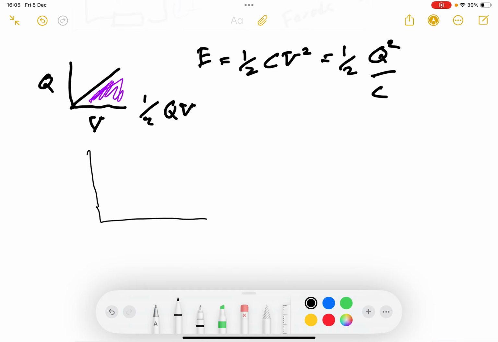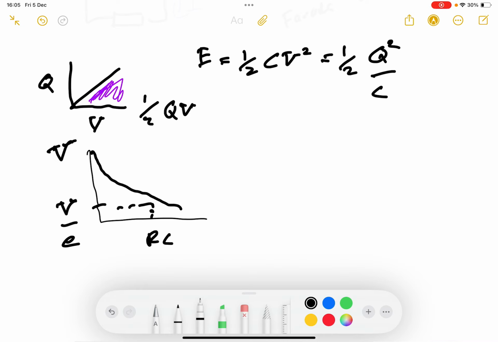And then we start getting into the thorny issue of capacitor discharge. We have this classic exponential shape. V goes to V over e in RC seconds, and that is called the time constant. So literally, if you multiply the resistance the capacitor is discharging through by the capacitance, you get this special time in seconds called the time constant.